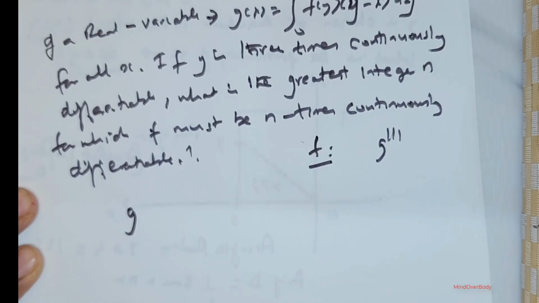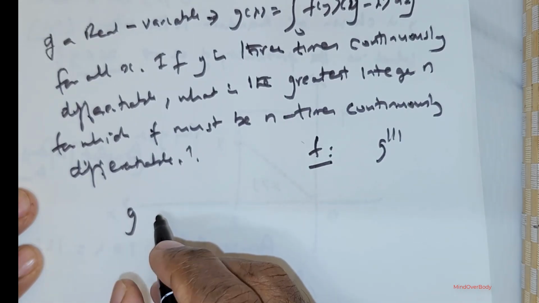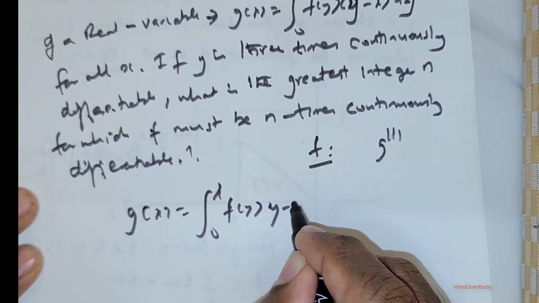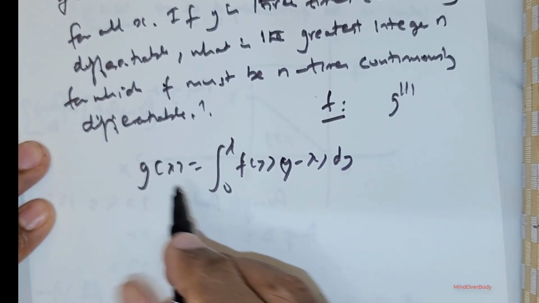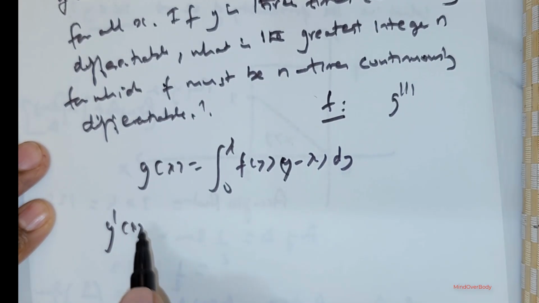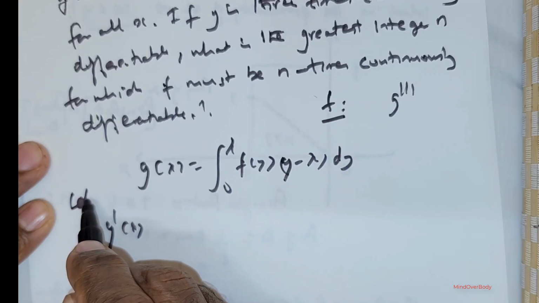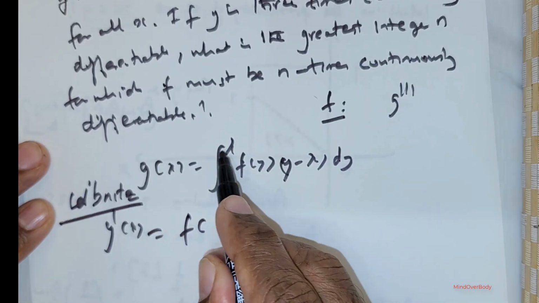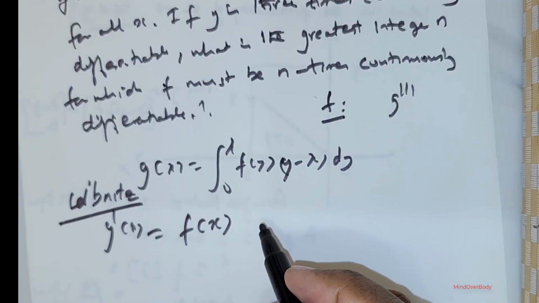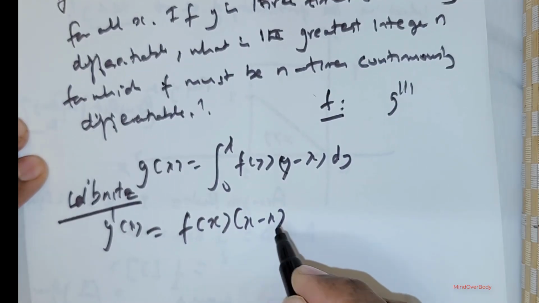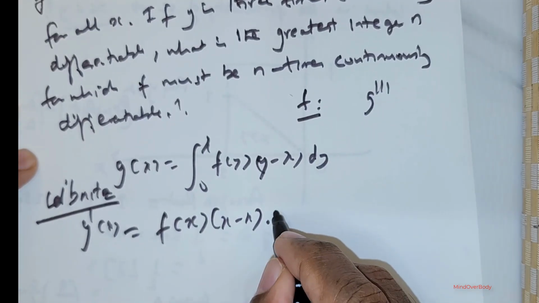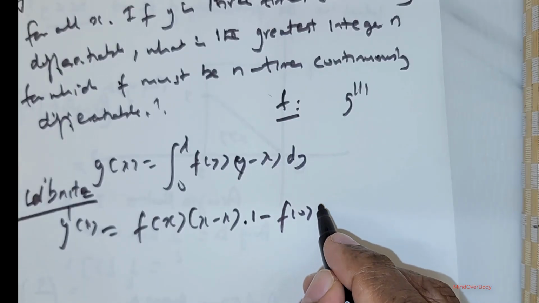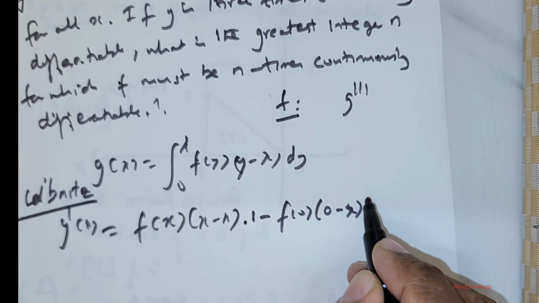So foremost, let me write g of x. g of x is the integral from 0 to x of f of y negative x times dy. Now we have to differentiate to get g dash of x. For this we use Leibniz rule. So that is going to be f of x times x negative x times the differentiation of x, negative f of 0 times 0 negative x.